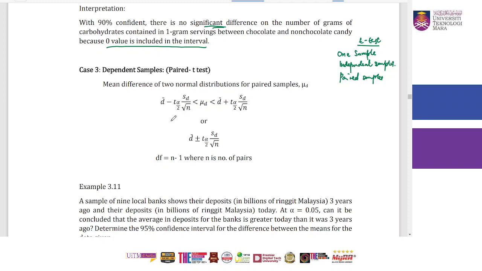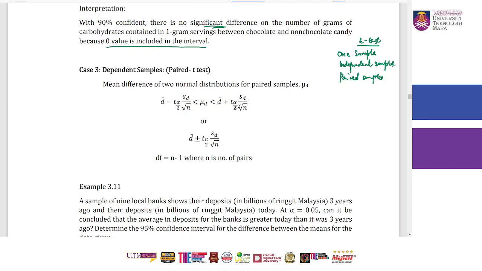Okay, so in this case, this is what I mean by dependent sample, because the recorded data is collected from the same object. So again, in this case, you don't have to worry about the formula because the formula is given to you in the exam. You just need to know when to use it, how to use it.